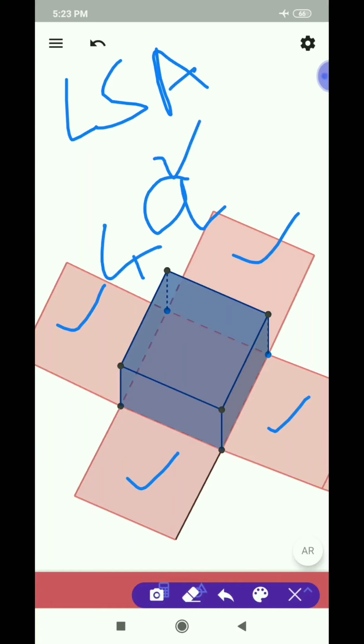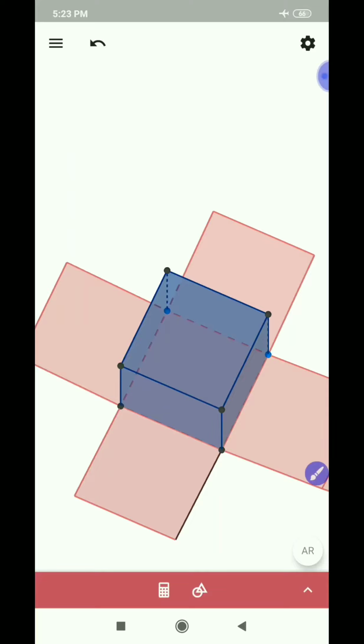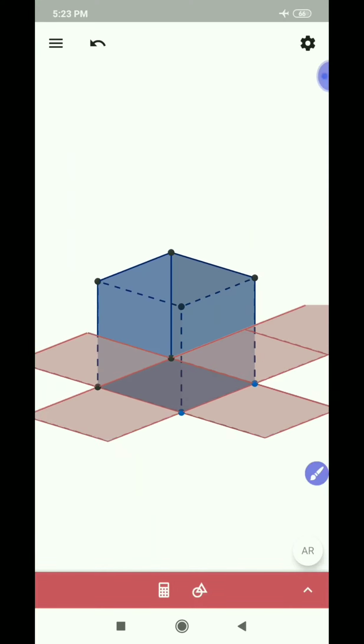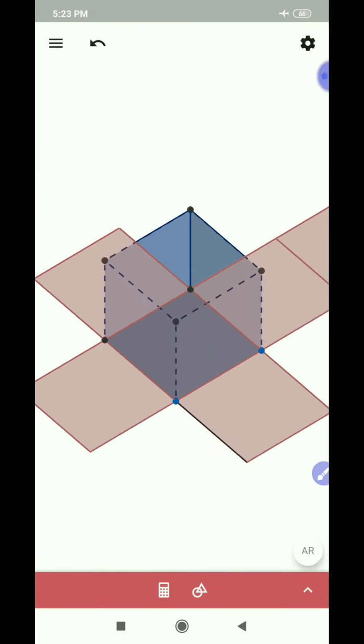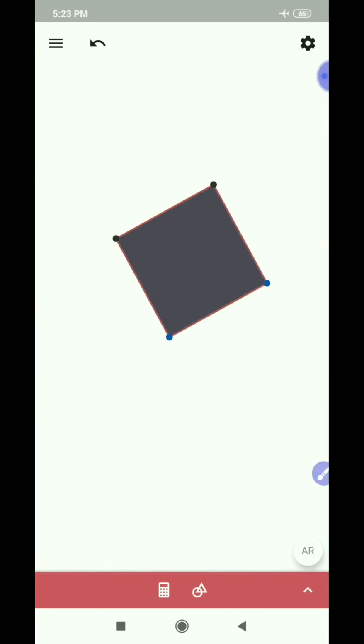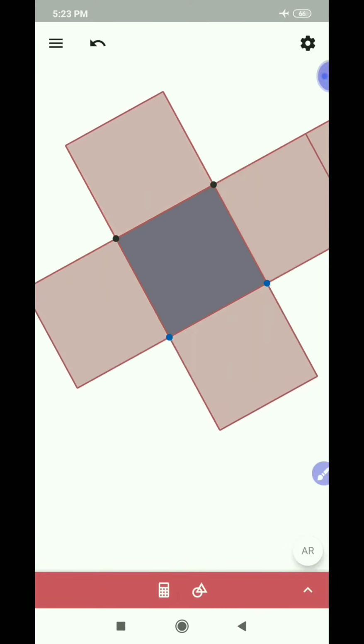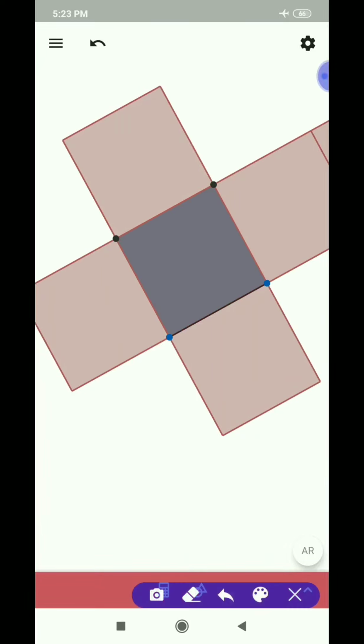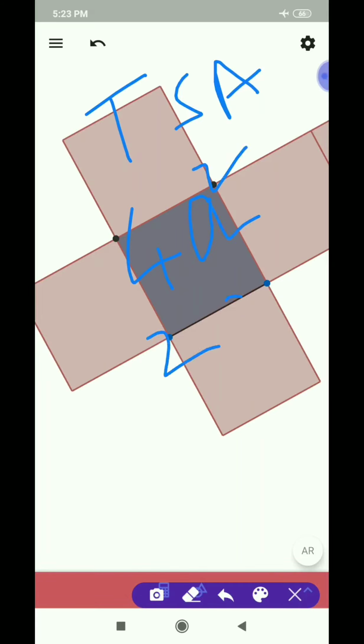Then what about total surface area? Okay, very simple. The base will be added and the top will be added. Then the total surface area of a cube is the lateral surface area, 4a square, and base and top, 2a square.